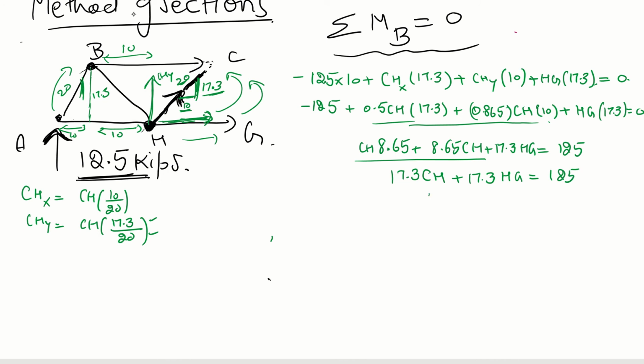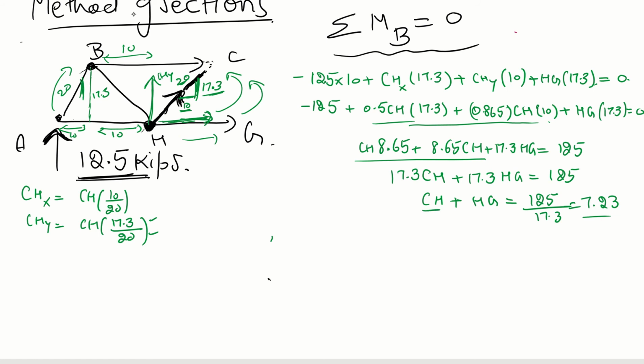So I can say CH plus HG equal to 125 divided by 17.3. So 125 divided by 17.3 will give me 7.23, after rounding.